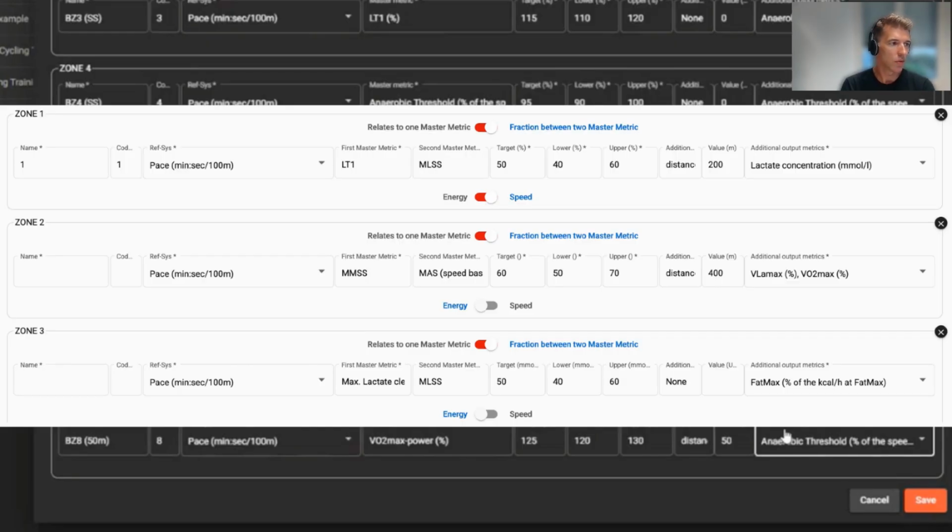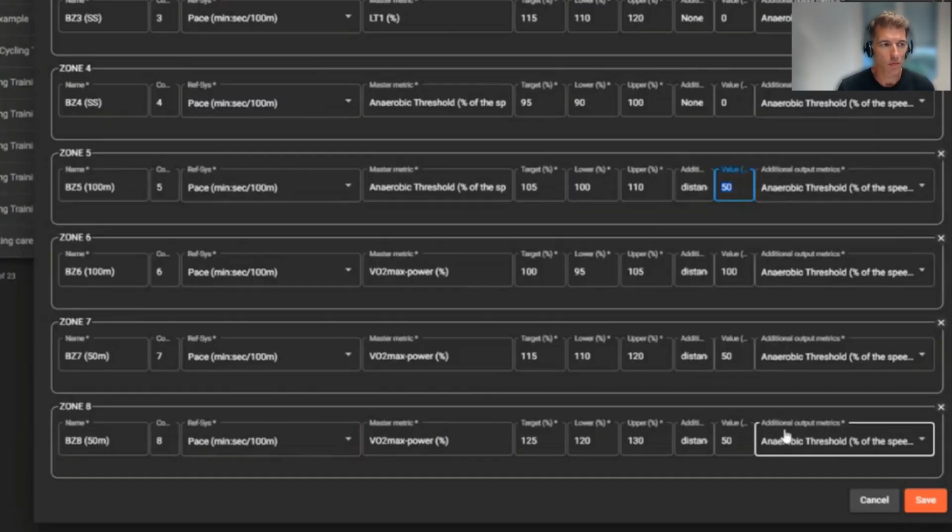And now we can define the percentage of the first zone. So for example, the lower 50% between lactate threshold 1 and 2 will have the first zone, and the upper 50% will have the second zone between the markers lactate threshold 1 and 2. So this also will help us in the future to have a better individualization of the training zones for our athletes.